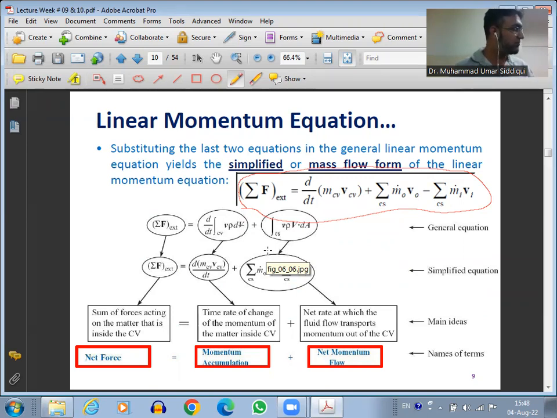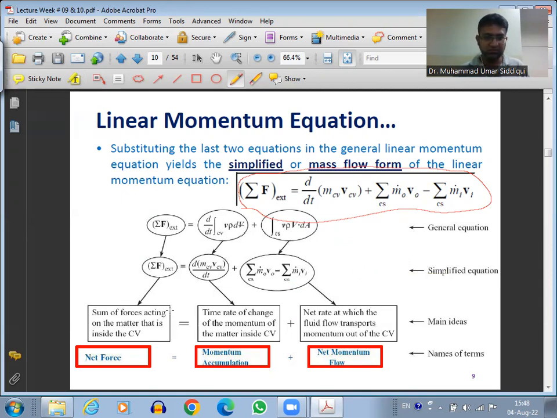Then we are using it today in the momentum equation, then we will use it again in the momentum equation in the next class. Then we are going to use it to develop the energy equation in the next 2 classes. So this Reynolds transport theorem is something that we will be utilizing throughout the next 5 classes. We have used it here to develop the momentum equation at this point.